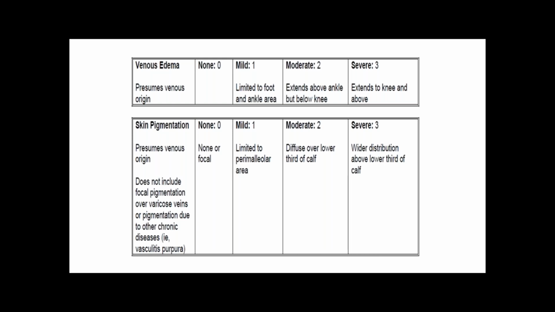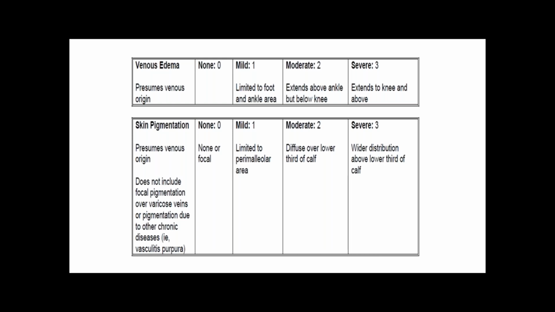Skin pigmentation: this should exclude other causes of pigmentation, like other chronic diseases such as vasculitis and purpura. In those cases also the patient will have pigmentation, so those pigmentations you should not consider.